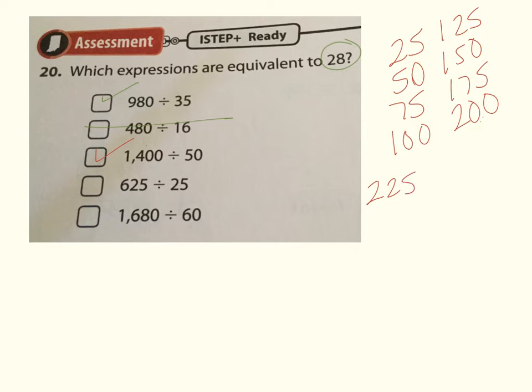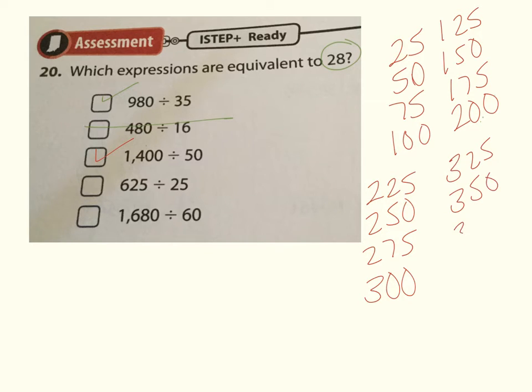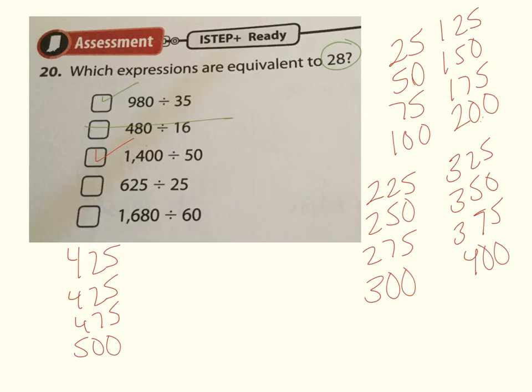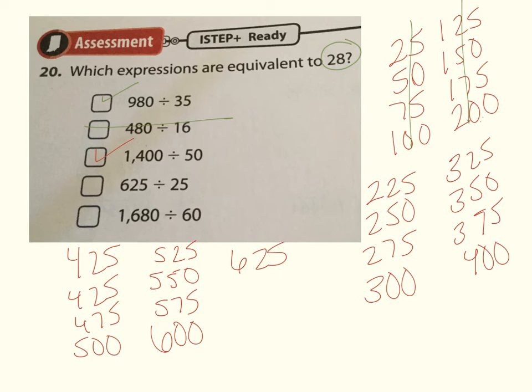Then you have 225, 250, 275, 300, 325, 350, 375, 400, 425, 450, 475, 500, 525, 550, 575, and 600, and your last one being 625. If you count, there are 4, 8, 12, 16, 20, 24, 25. So 28 does not work.